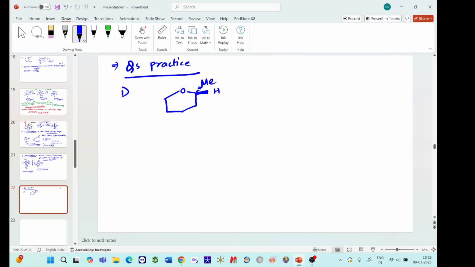Here you have a methyl group, and here you have a double bond O. So what is the configuration of the chiral center? This is the question.